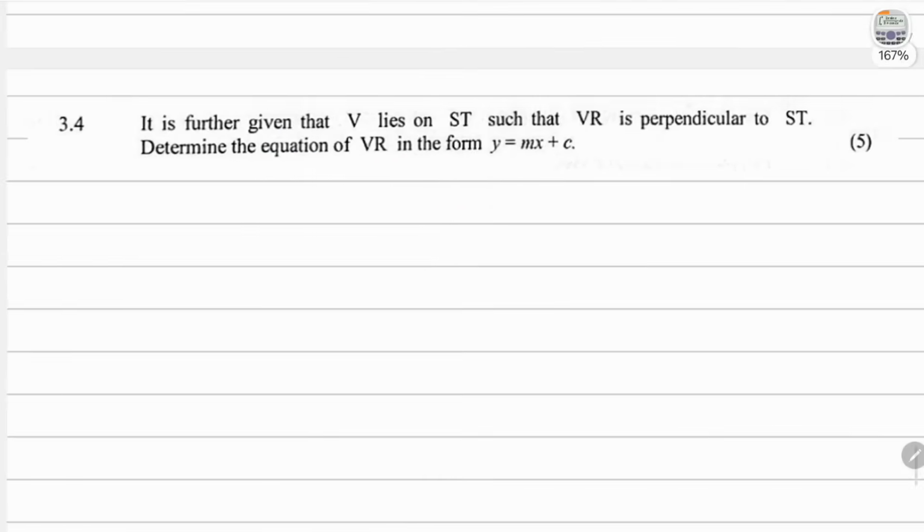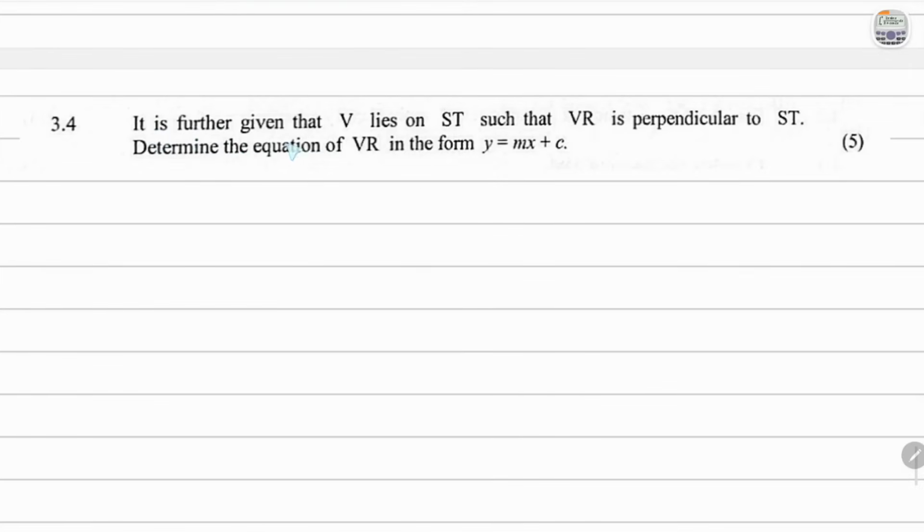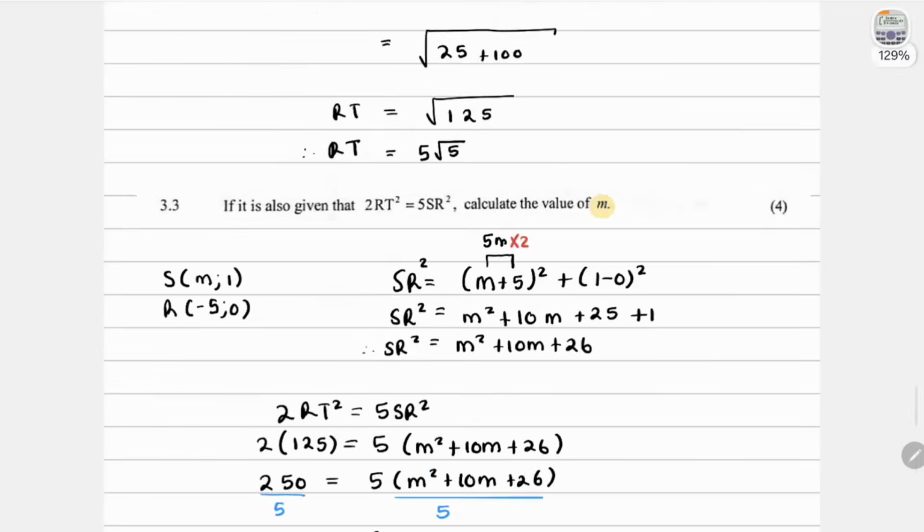Okay, question 3.4 says, it is further given that V lies on ST such that VR is perpendicular to ST. Okay, so that's the main thing. VR is perpendicular to ST. And they want us to determine the equation of VR in the form of y equals mx plus c. Okay, so let's see.